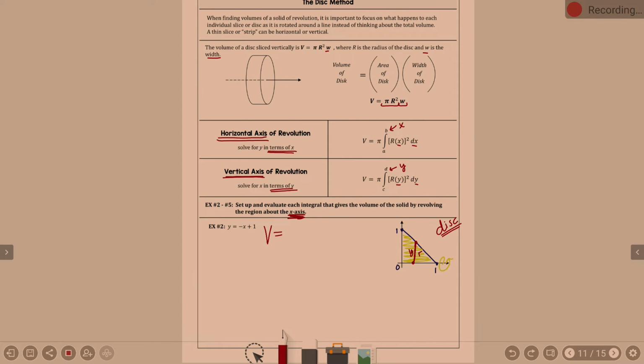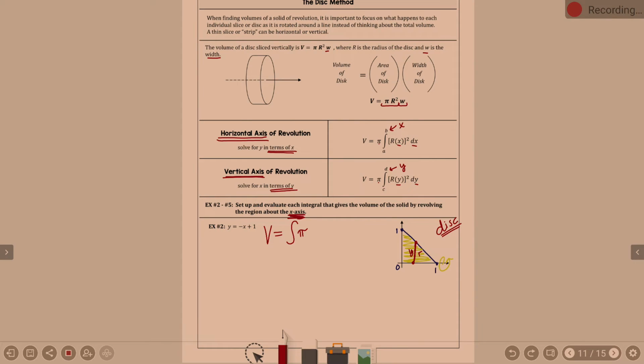Volume equals. What are we always going to start with when we're rotating? Integral. Okay. What else do we always have to have? Limits. I'll get to those in a moment. What's always going to be part of these? Pi, yes? Now, you can put inside or outside. Pi, radius squared.